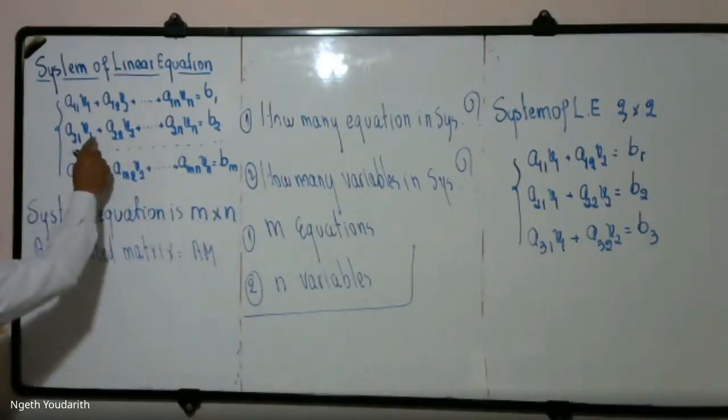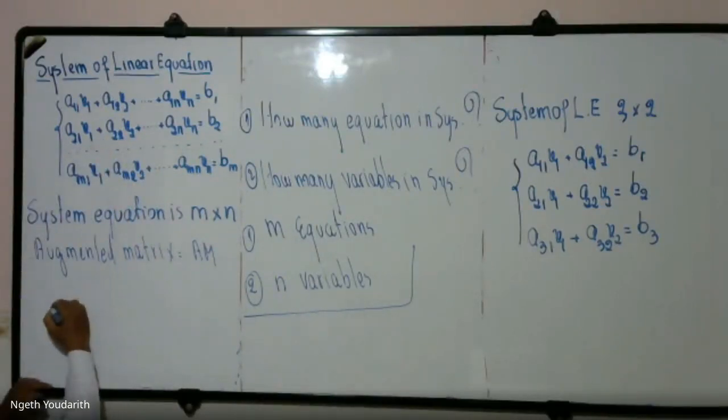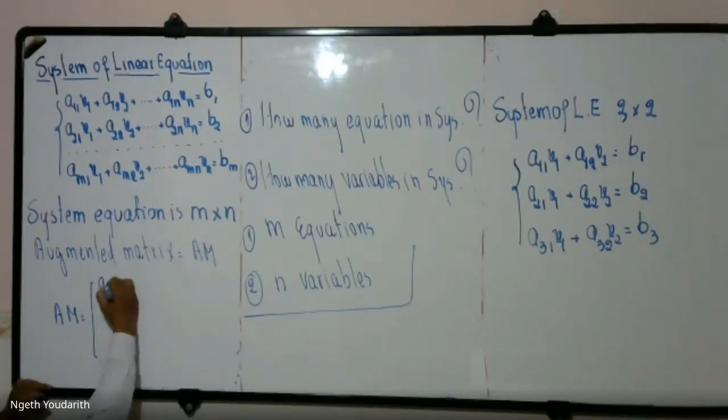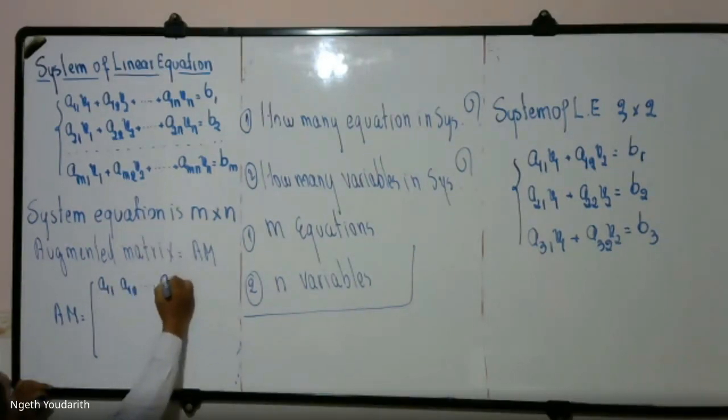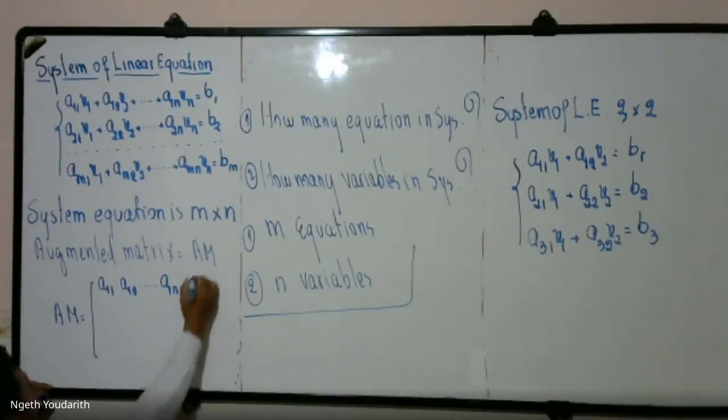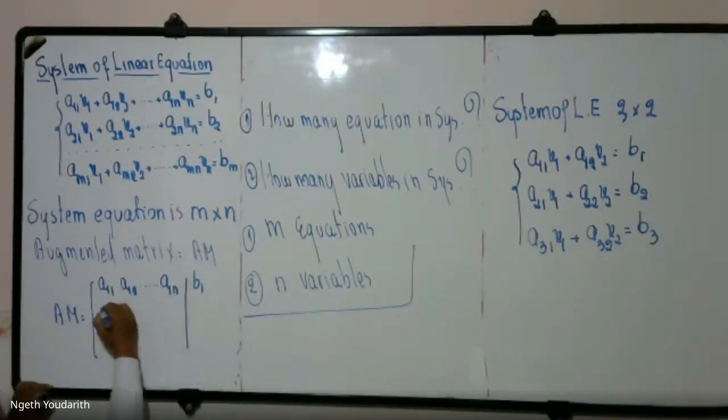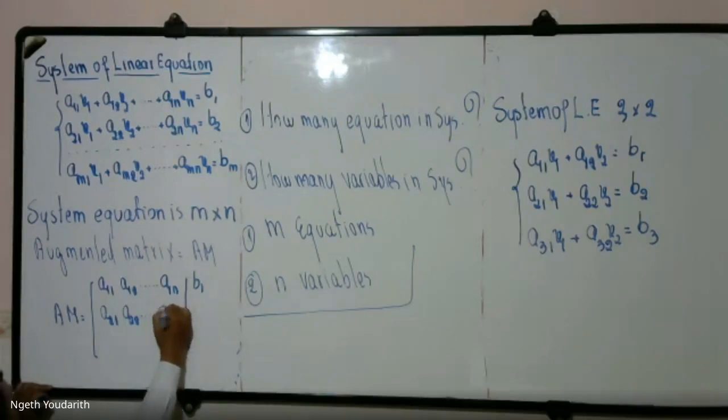So Am of this system is a11, a12 until a1n, and the right hand side is b1; a21, a22 until a2n, b2.